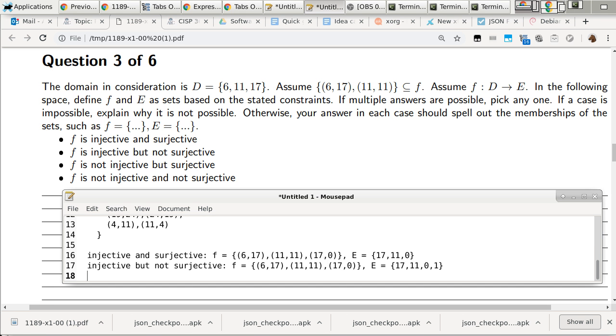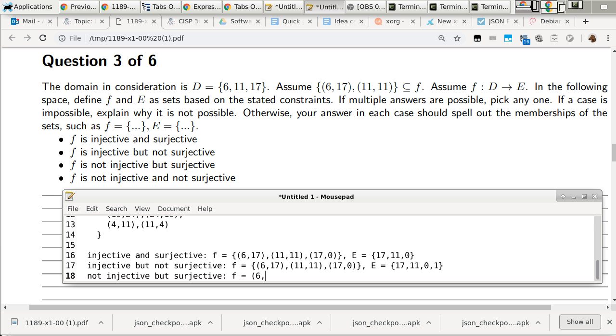All right, so next one. Not injective, but surjective. Okay, so that means at least 2 things have to map to the same thing, but we cannot have additional elements in the codomain, right? Okay, this one I'm going to start fresh.